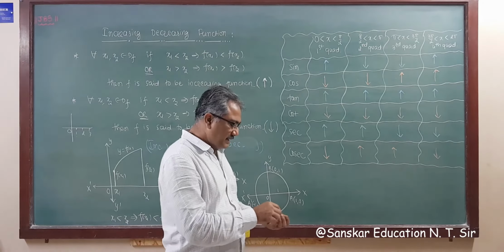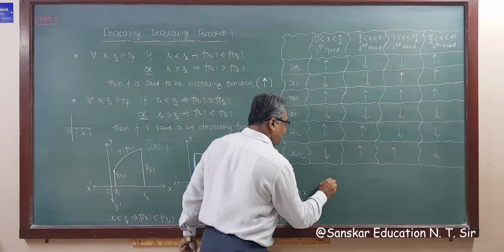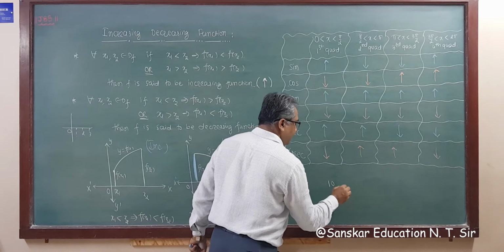How do we get this? Suppose sine is, I'm taking 10, right? Then 1 upon 10, 1 upon 100, and 1 upon 1000. Now mark this. If sine is increasing, I am taking 10, the reciprocal is 1 upon 10, which is 0.1, right?